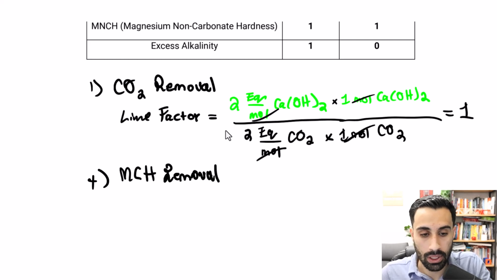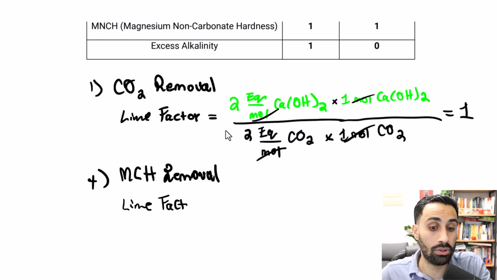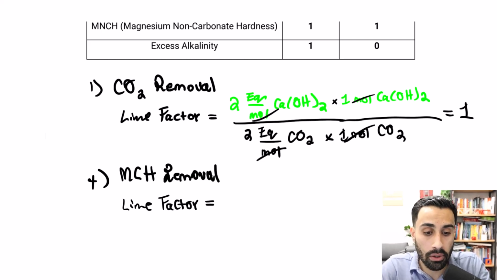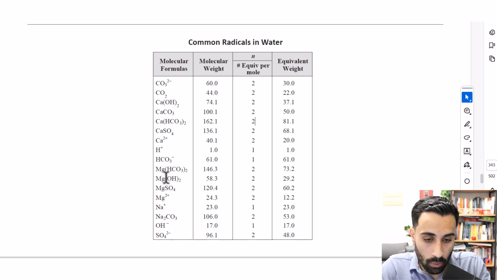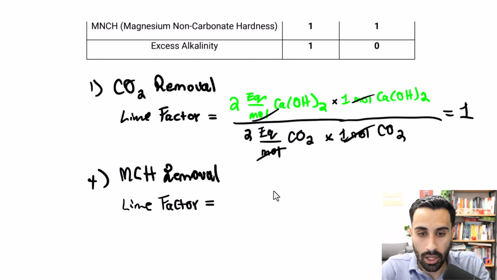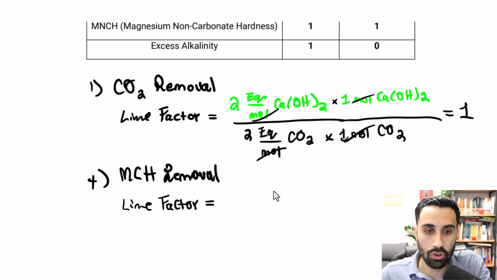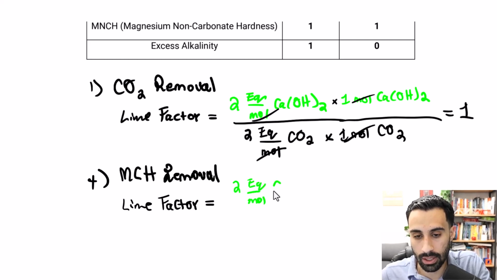Now with that, the lime factor, still lime factor, that is a 2. You can just memorize it is a 2, sticking with those formulas. We use the equivalent weights, so that will be the magnesium bicarbonate, that's 2. And the lime, again, still using lime, which is 2. Calcium hydroxide is the lime. So it is still going to stay as a 2 equivalent per mole for the calcium hydroxide, which is the lime.